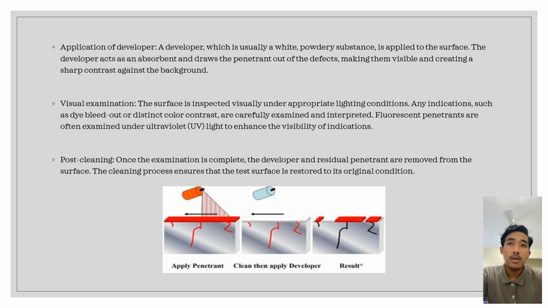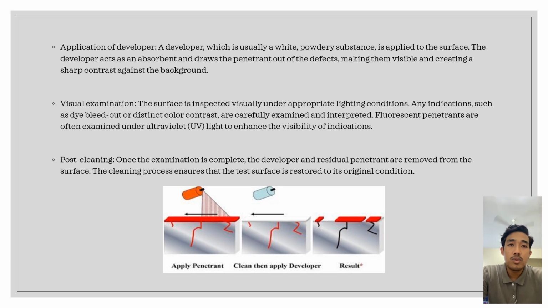After removing the penetrant comes application of developer. A developer, which is usually a white powdery substance, is applied to the surface. The developer acts as an absorbent and draws the penetrant out of the defect, making it visible and creating a sharp contrast against the background.